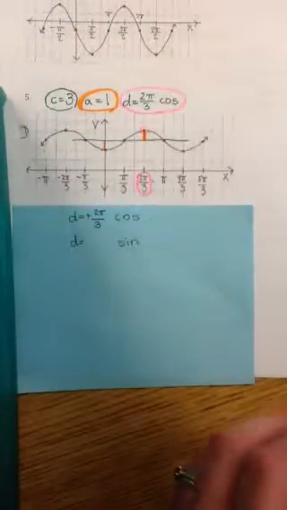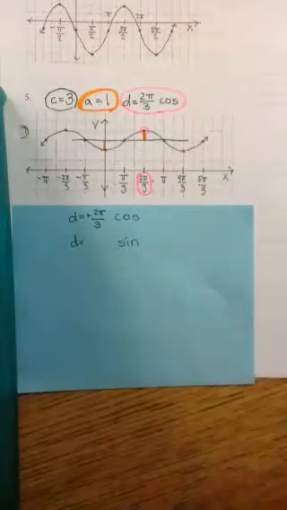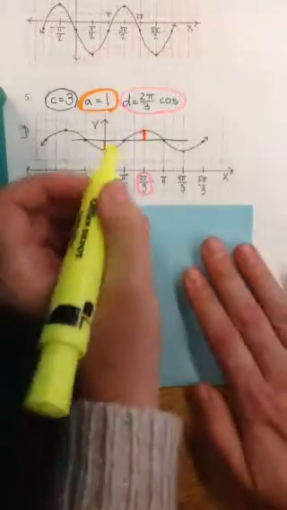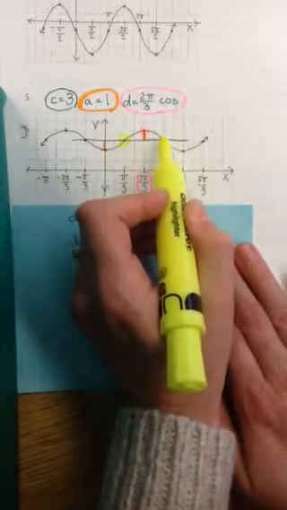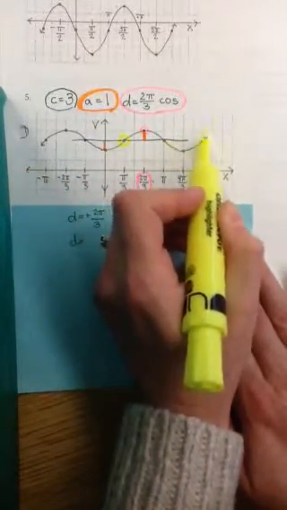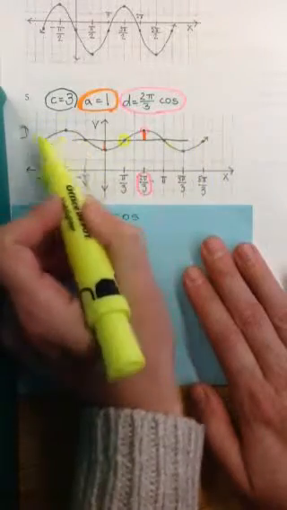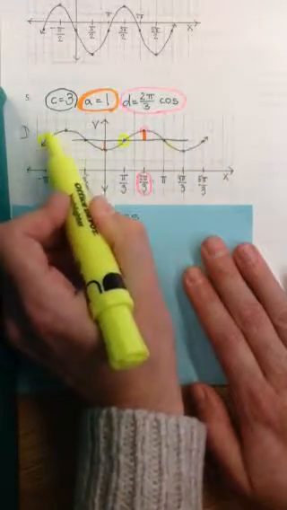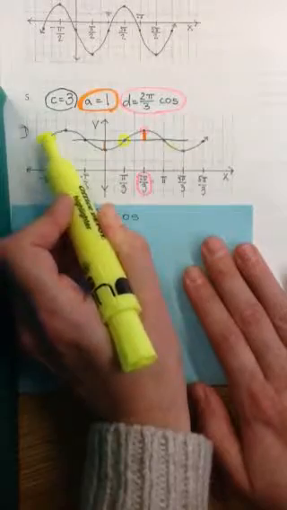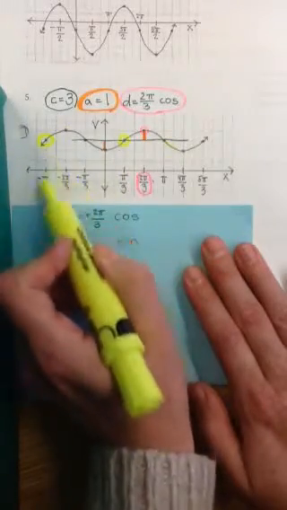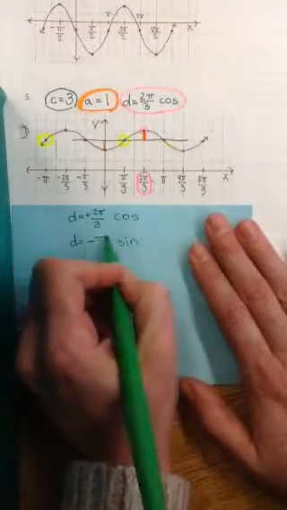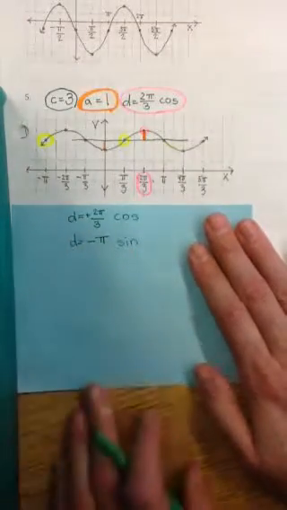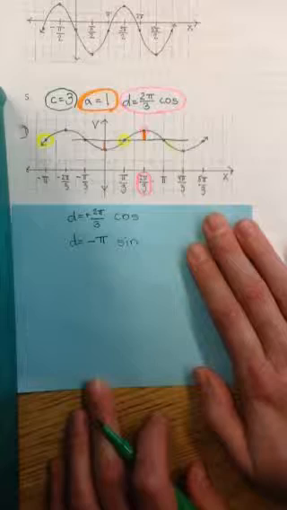So sine starts in the middle and goes up, so I could choose this point. This is in the middle, but to the right it goes down. I could choose that point, and I could choose this point. This is in the middle, and to the right it goes up. So why don't I use a negative one, because for the cosine I used a positive one. So that's a way to find a second equation.